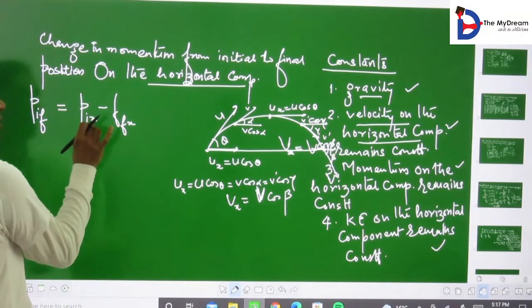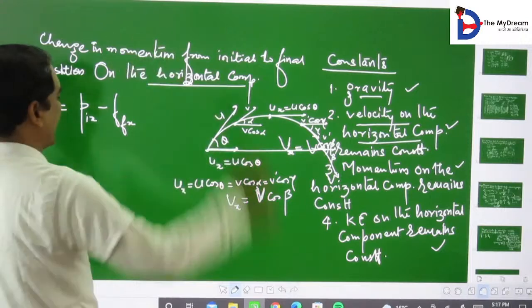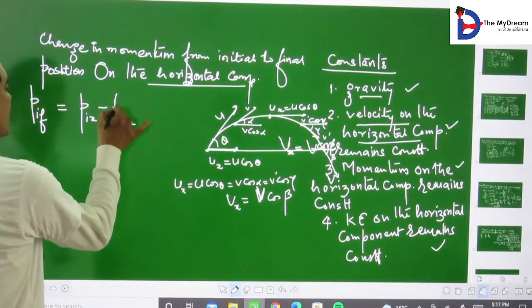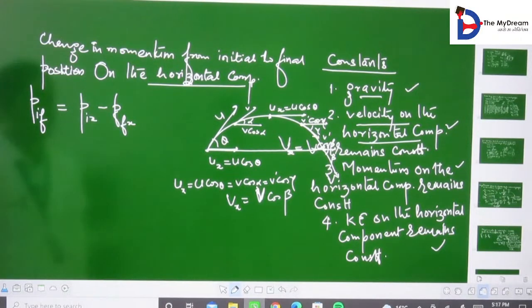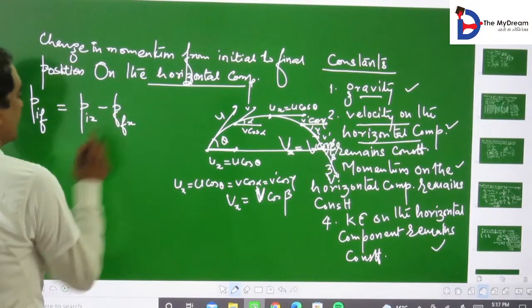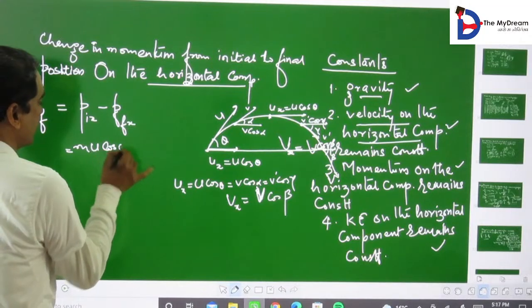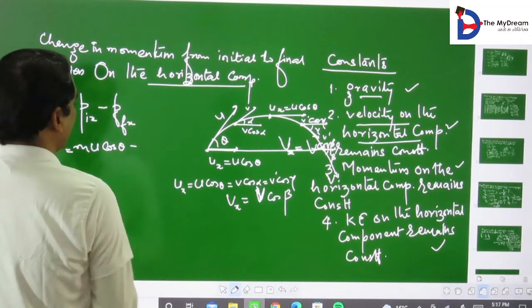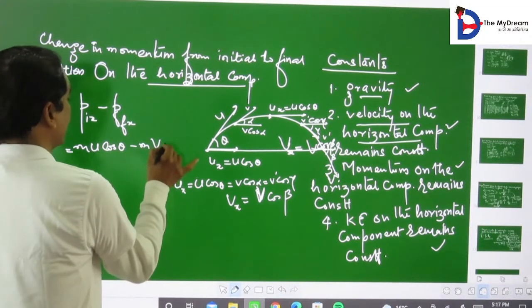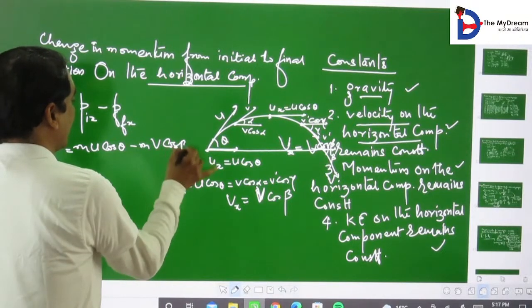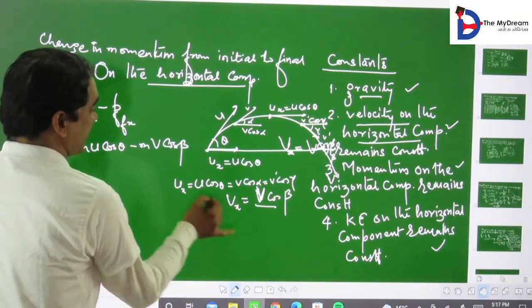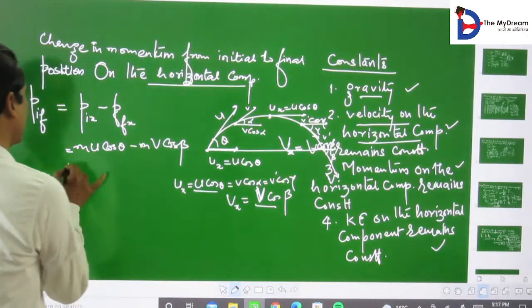Initial position on the x-axis, final position on that. That is mu cos theta minus mv cos beta. And v cos beta is equal to u cos theta.